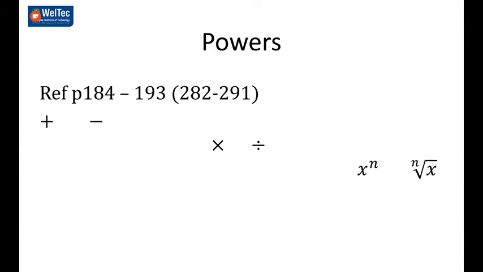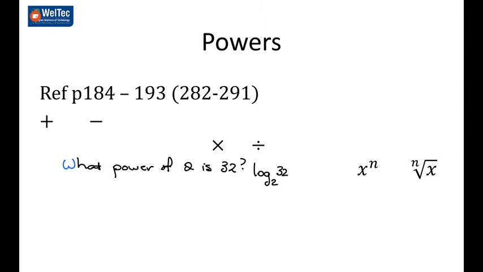If we asked ourselves, what power of 2 is 32? We kind of know that, but let's write it in a different way. Let's write it as log to the base 2 of 32.